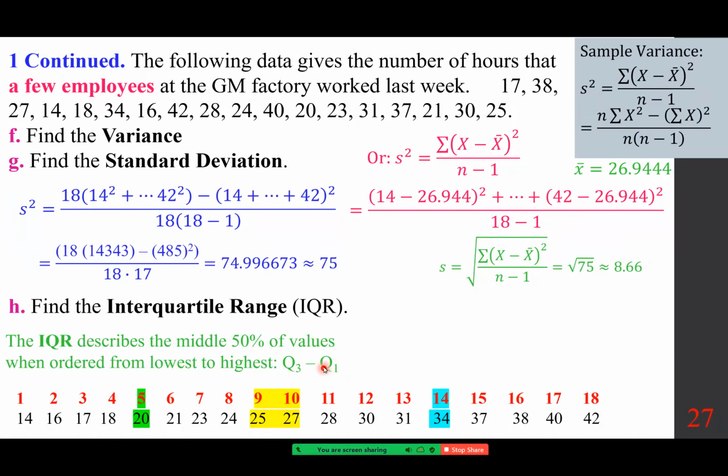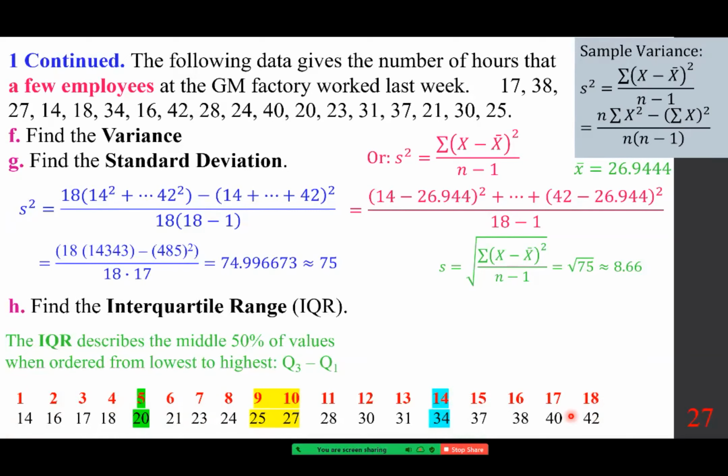We've already seen that. So we added up these two and divided by 2, it was 26. Now, one easy way to calculate the Q sub 1, and there are different methodologies, is to look at the bottom half, and the median of the bottom half is Q sub 1.